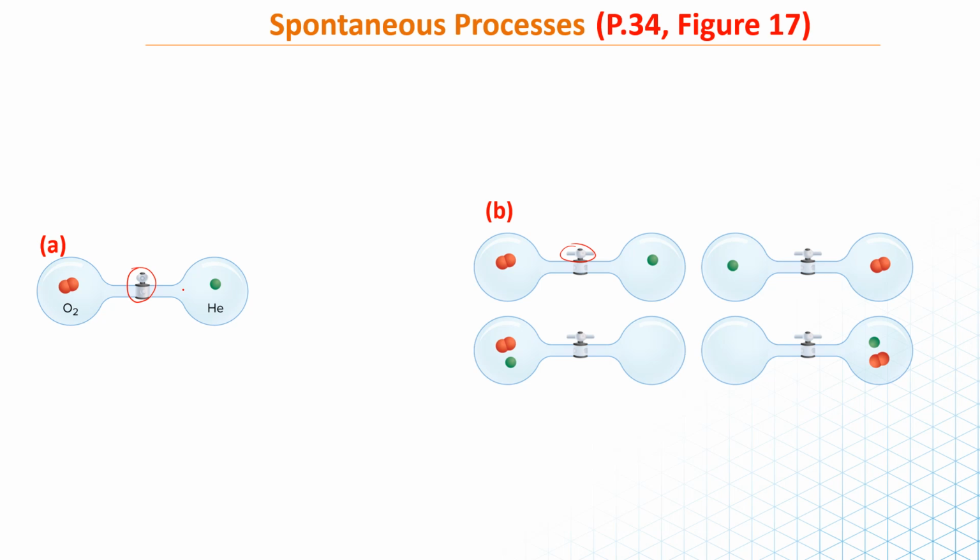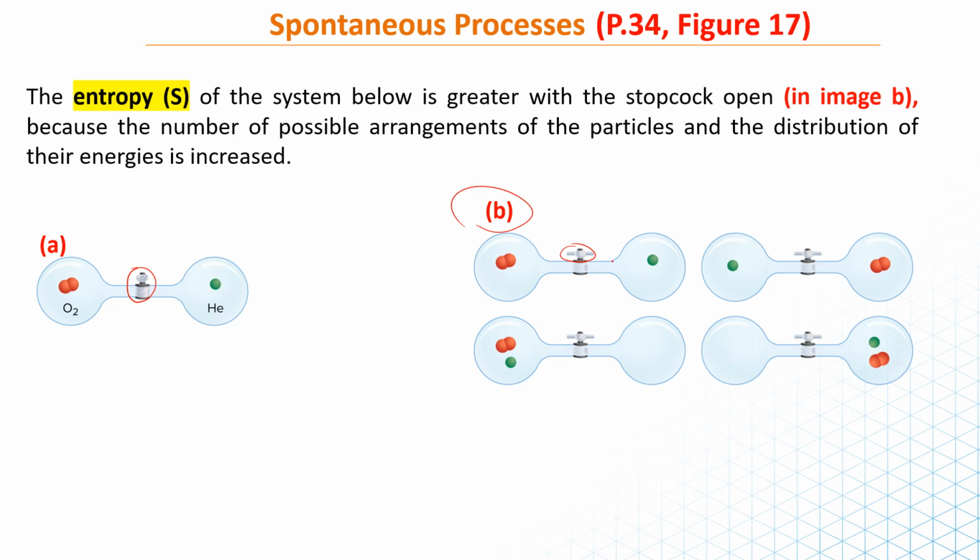What do we mean by that? I mean, which picture has more ways of distributing the particles, A or B? Of course it's B, right? Because look at this. The entropy of the system below is greater with the stopcock open.